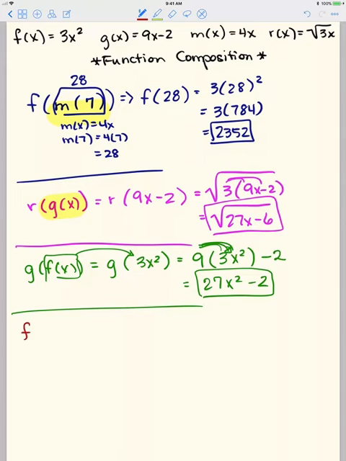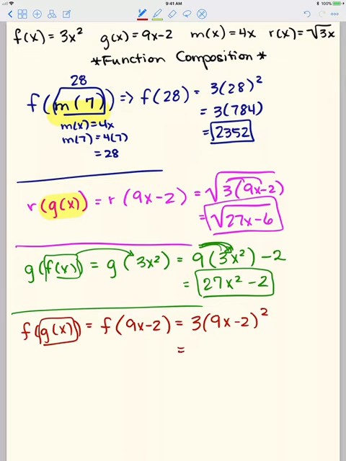Another one, if you went the other way and found f of g of x. F of g of x takes the g function, the 9x minus 2, and is going to substitute it into the f function. So instead of 3x squared, we have 3 times 9x minus 2 squared. Now, sometimes you have to expand it, sometimes you can leave it in its factored form. If we work through expanding it, we would have to multiply the 9x minus 2 out twice.